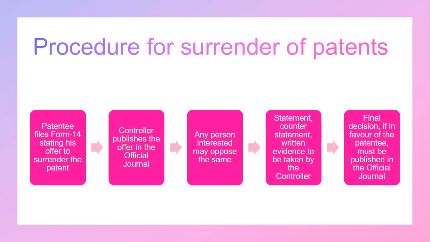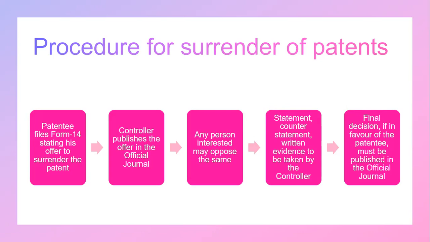And generally, if it affects more people, then in the procedural law there will always be an option to oppose, because here somebody might say that he's surrendering the patent and it is affecting me. For example, I am the licensee and I am making money out of the licensing agreement of this patent, and now my patentee surrendering the patent is going to hamper me. So I might oppose the patent, right?